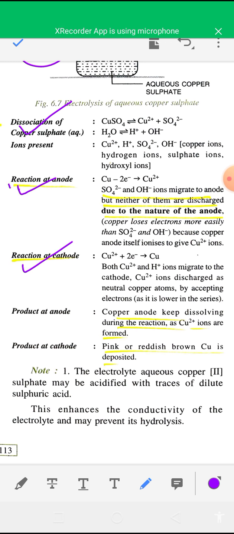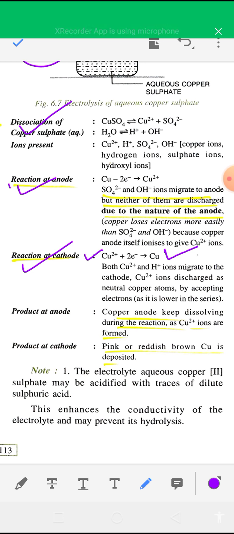First see the cathode reaction. Cu2+ ion will discharge at the cathode more easily than H+ ion, because the position of copper in the electrochemical series is lower than hydrogen. So at the cathode you will get copper metal. Cu2+ ion from the solution accepts 2 electrons and is converted into copper metal.